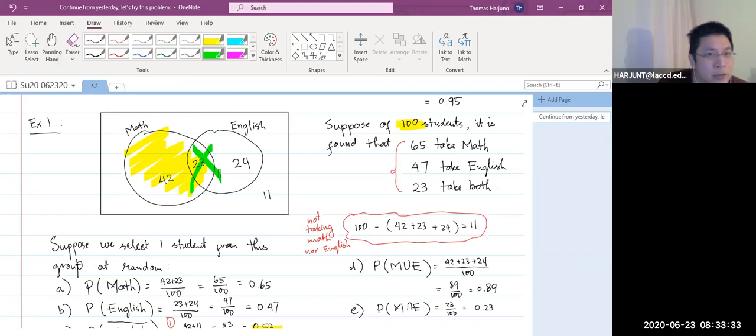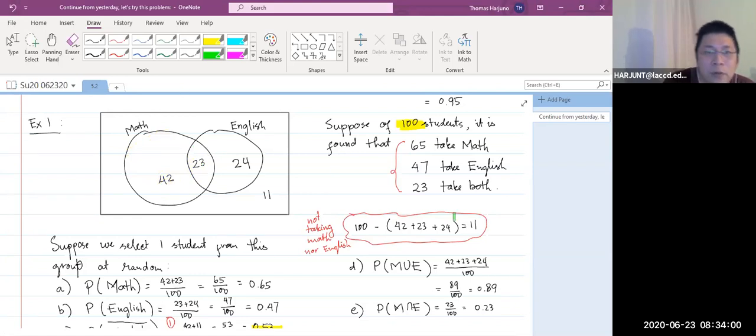Is it okay? Now the thing is, we can also say this is math only. What is the probability we select somebody who takes math only? Right? But another way to say it is math, but not English. Okay, that's how we get that 42. But Thomas, why don't you just say math only then? You make life so difficult.